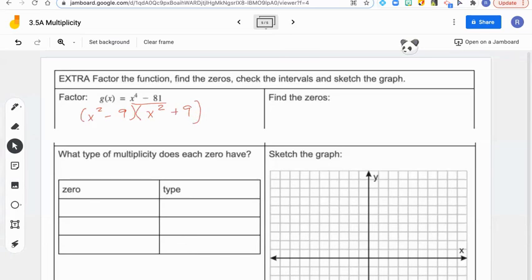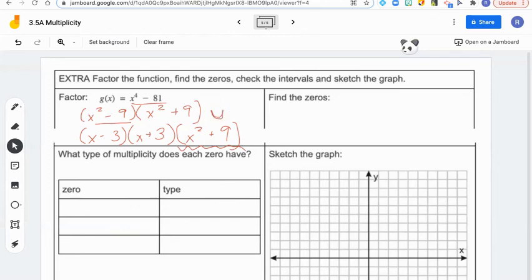Okay, then this part right here is another difference of squares. So I'm going to have x minus 3 and x plus 3. I can't factor this anymore. It's actually going to give me imaginary zeros, which means it's going to have a shape like this off of the axis.